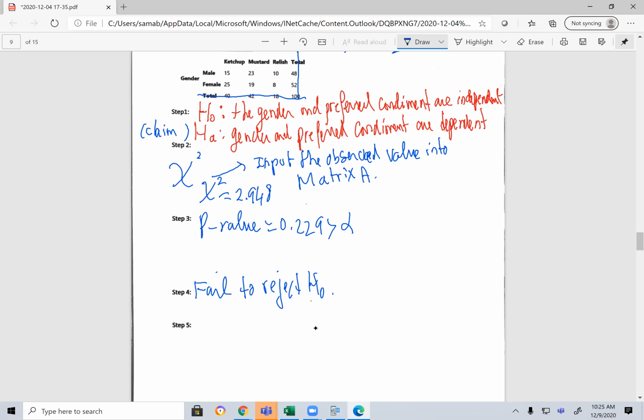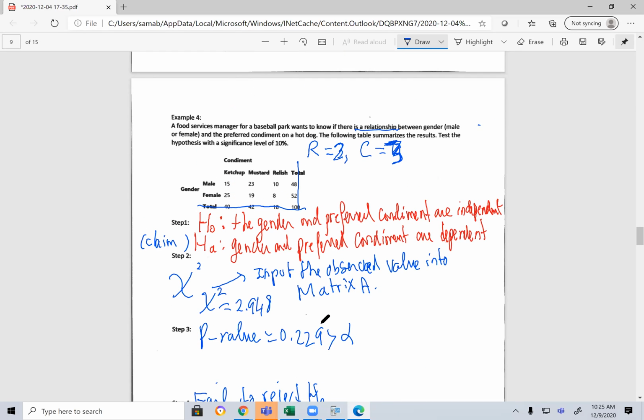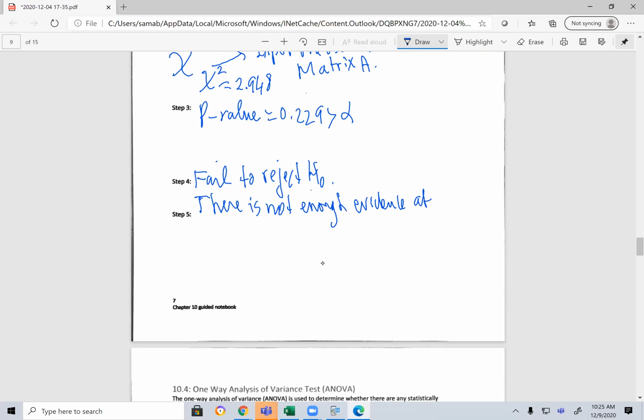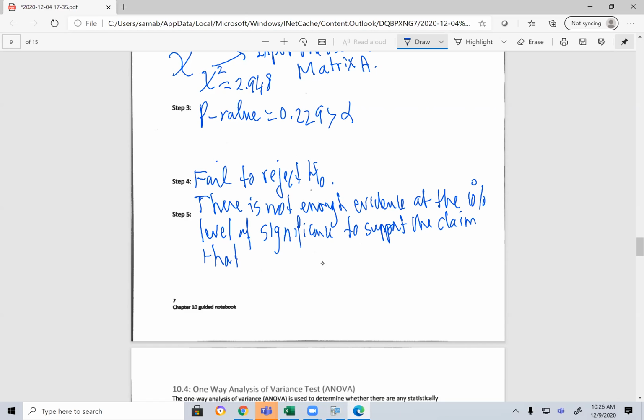So fail to reject H0, and there is not enough evidence at the 10% level of significance to support the claim or to conclude that gender and preferred condiment on a hot dog are related.